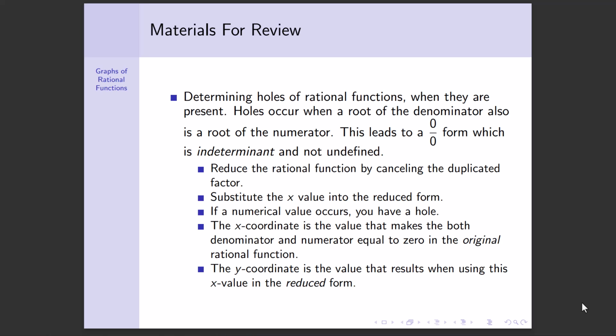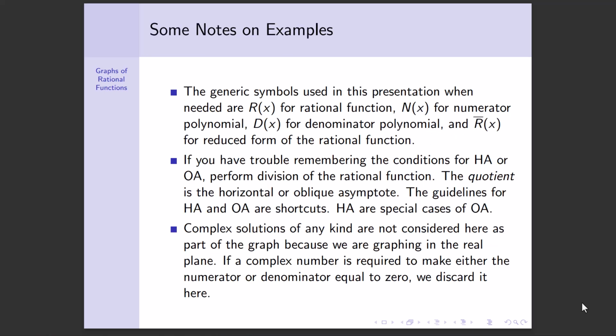The x-coordinate is this value that makes both the numerator and denominator polynomials equal to 0 in the original rational function. The y-coordinate is the value that results when using this x value in the reduced form of the rational function.